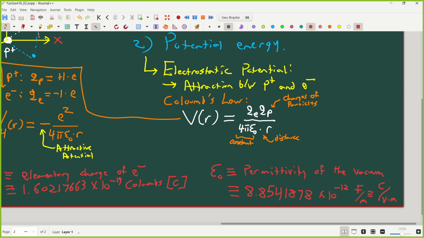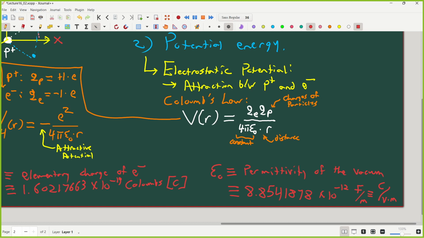So the potential energy between 2 ionized atoms inside of water still is 1 over R, but epsilon will be different because the permittivity of the solvent is different than the vacuum. It's easier to move charges through a solvent than through the vacuum, so the number would be much larger.